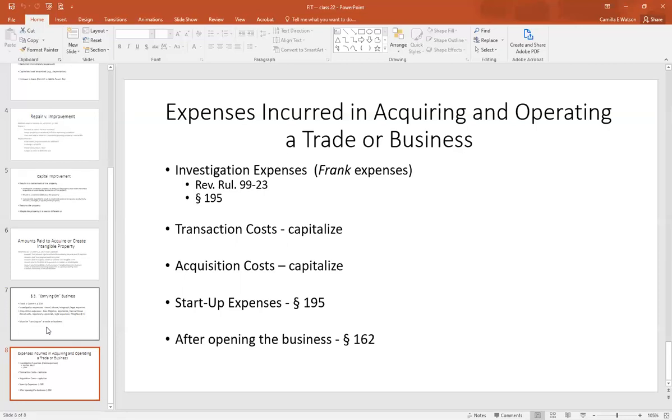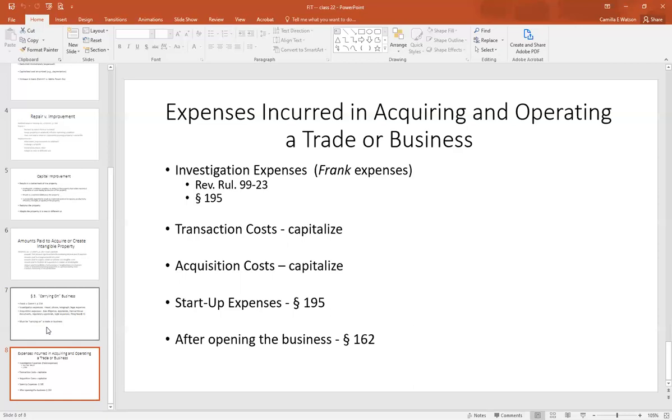Then there are acquisition costs, the cost of purchasing the business. And of course, those must be capitalized. These include legal expenses, recording fees, accounting fees, etc. Then we have startup expenses, also called pre-opening costs. These fall under Section 195, and they include expenses incurred subsequent to the taxpayer's decision to purchase a particular business and prior to the time that business begins operating.